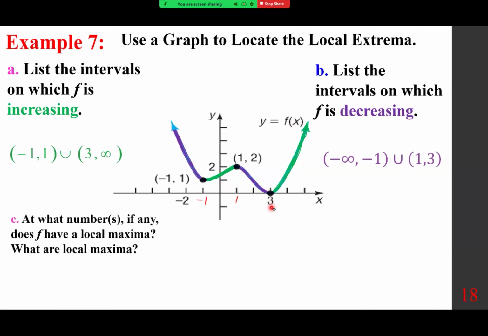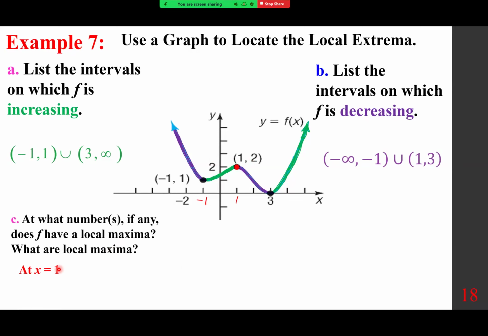At what number or numbers, if any, does f have a local maxima? The local maximum occurs at this point at x equals 1, and the value is equal to 2. The way we write it is important.